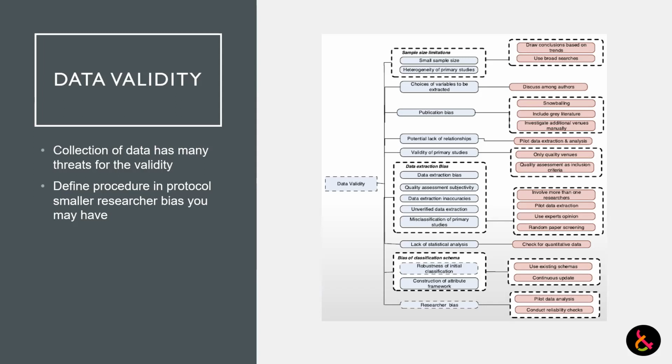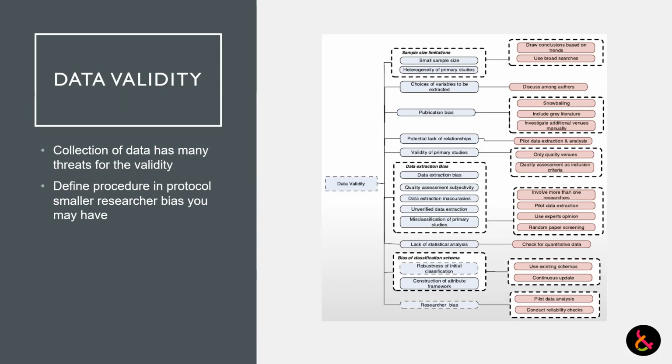So choices of variables to be extracted that you can talk with your authors. Publication bias, what we have talked before, that you look at the peer literature or even try to find the ethical or the most acceptable publications that you think can be added.